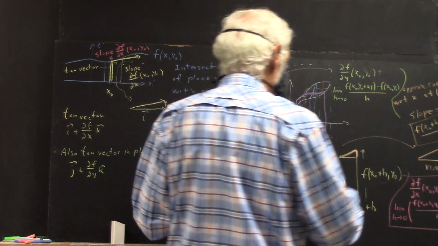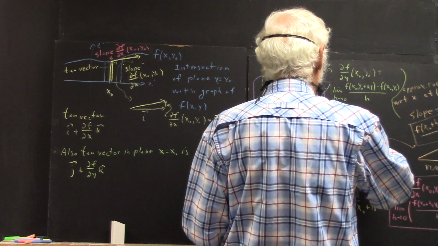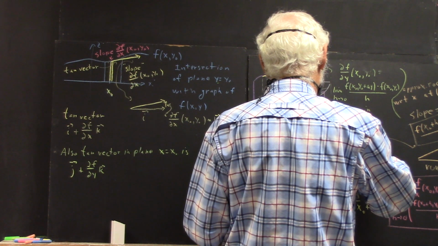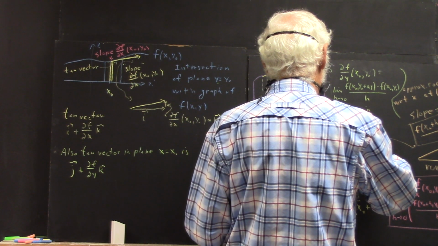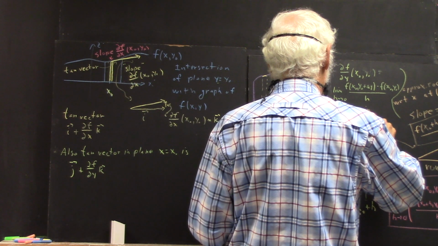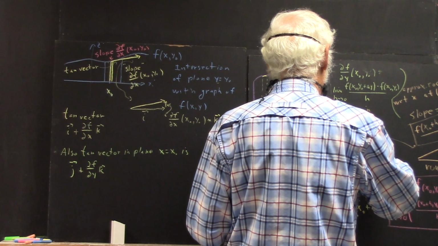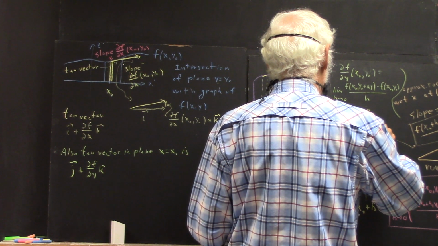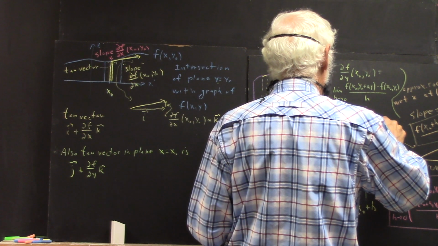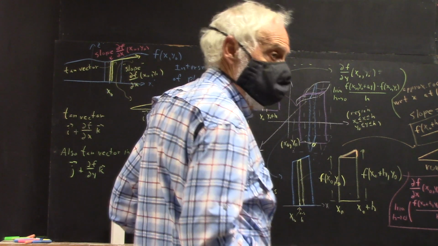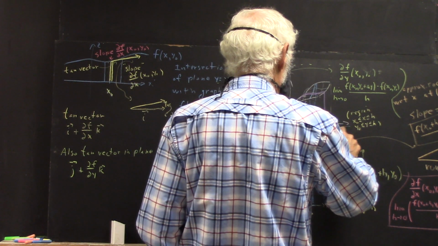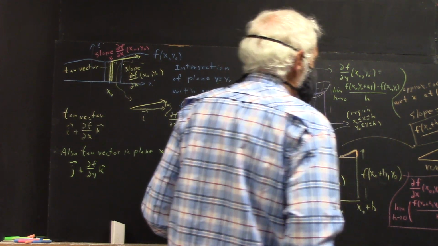So I can kind of put it in parentheses. And you can verify for yourself, and you should, that that region is a rectangle down in the xy plane. There's your region.